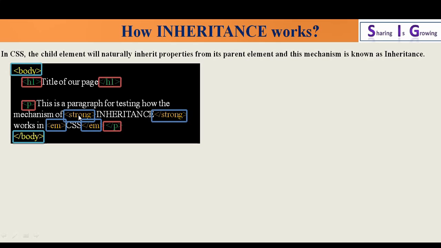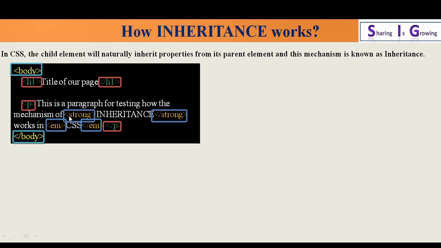And of course, the strong element and the emphasized element will also be considered child elements of the body element, but they are considered grandchild elements because they are applied within the p tag. That means within the body element we have the p tag, and within the p tag we have the strong and emphasized elements. So the strong and emphasized elements are the children of the p tag, and the p element is a child of the body tag.